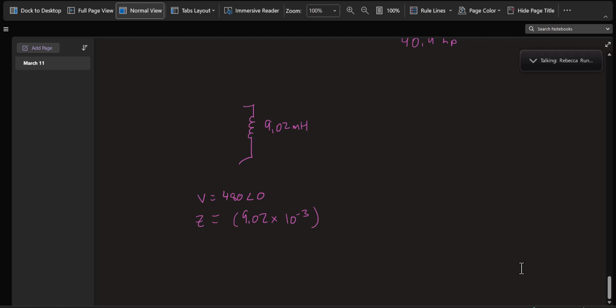So 9.02 times 10 to the negative 3rd times 2 pi times 60 and J. And this turns out to be 3.4 angle 90 degrees, or J 3.4. So we've got the same magnitude as in the problem before.